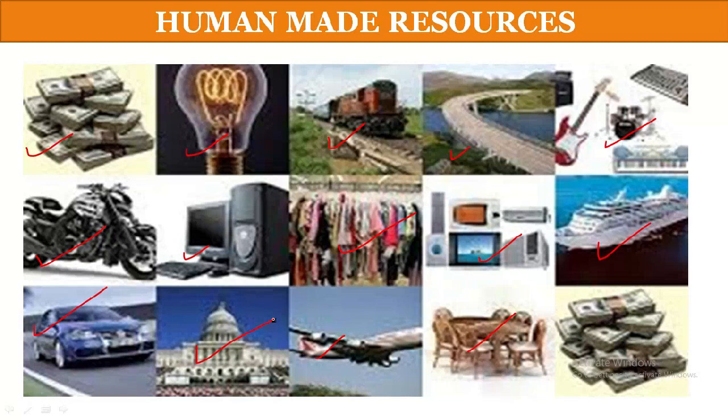Now students, it's very well clear that all those objects, all those substances, all those things which are converted into some useful things, into some useful resources, are known as human-made resources.